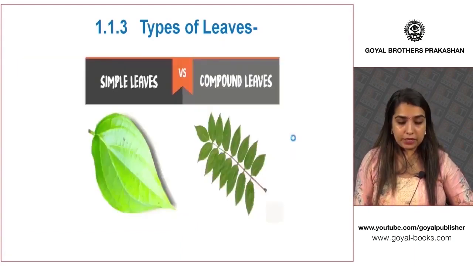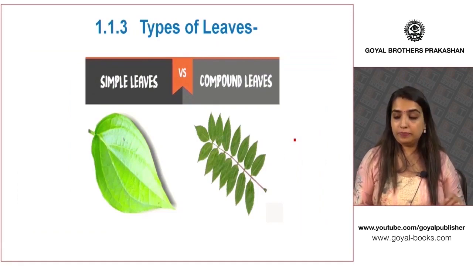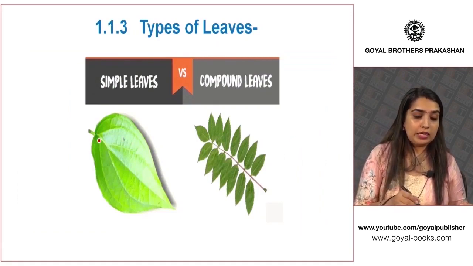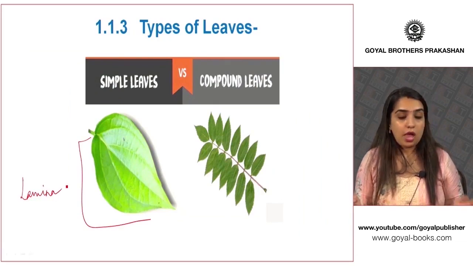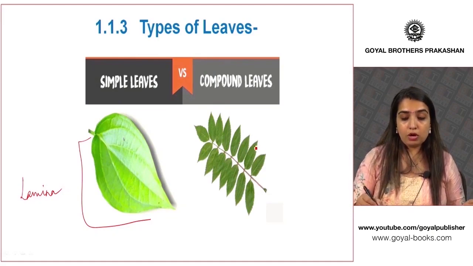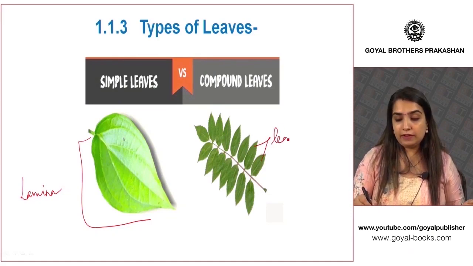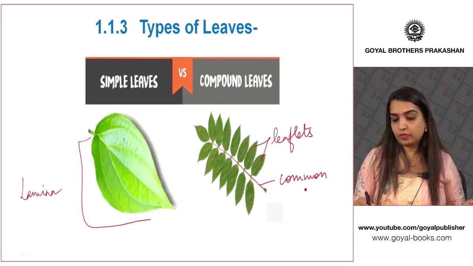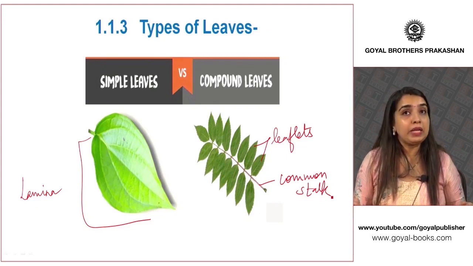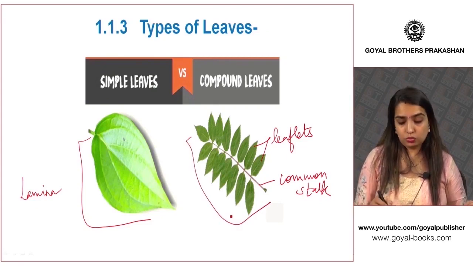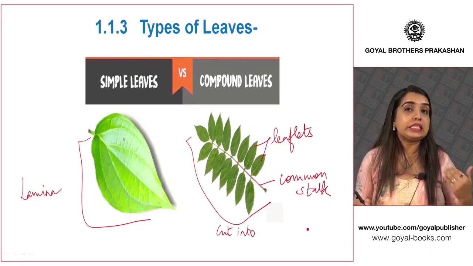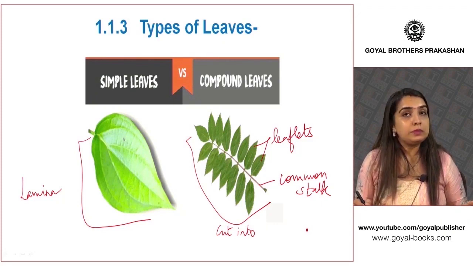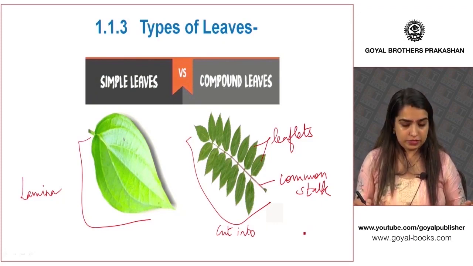Now, when we look at a picture, it is easier for us to see that in the simple leaf, our lamina is a single lamina, whereas in the compound leaf, because we have small leaflets on a common stalk, we see that the lamina is cut into smaller parts. So that's the essential difference between simple leaves and compound leaves.